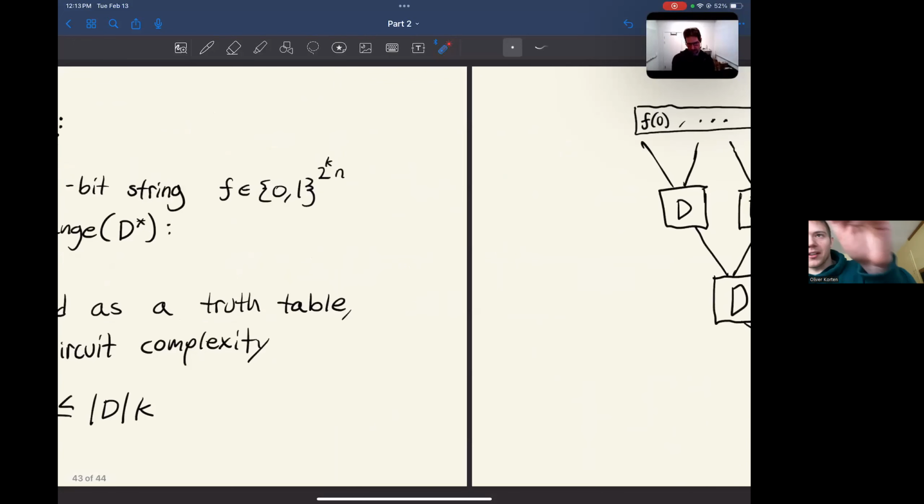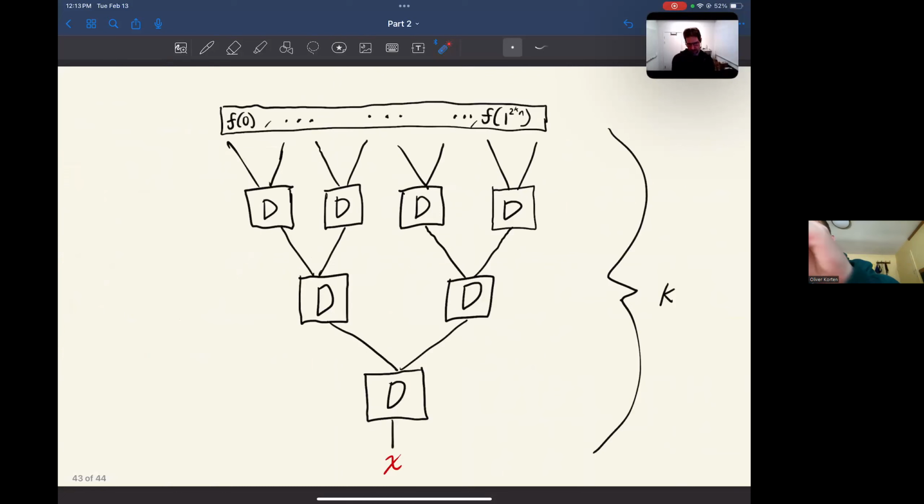And this is very similar, again, to the proof with the low space memory. If I imagine I have a string in the range of this function, writing it down and thinking of it as the truth table of some function, then if I want to compute a certain index of this, all I have to do is store x, the preimage of this under this, and then to compute this index, I only do d times k work, proportional to the depth, because I just follow the maps from before to see what's at that particular index.